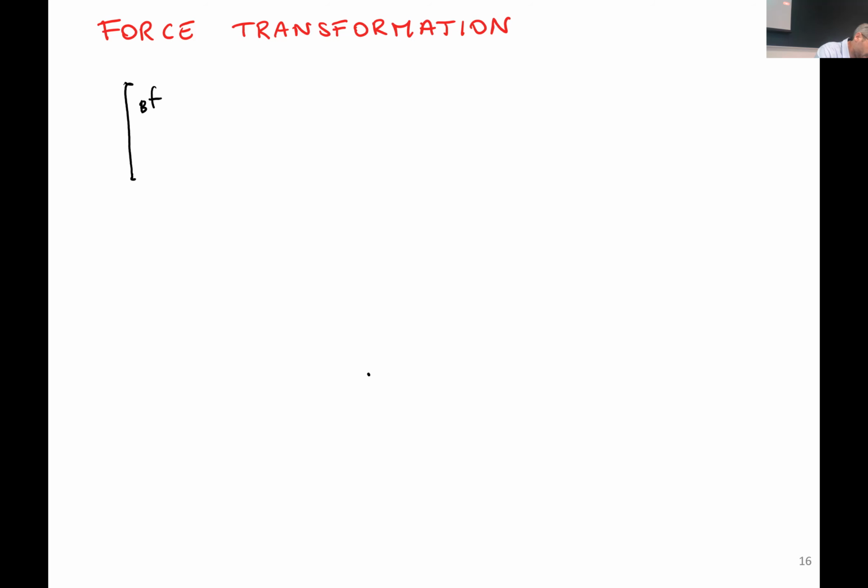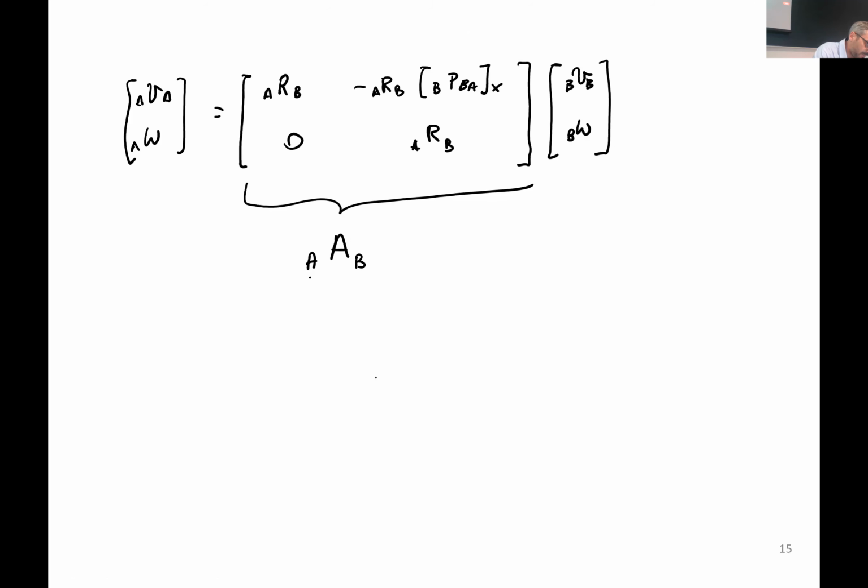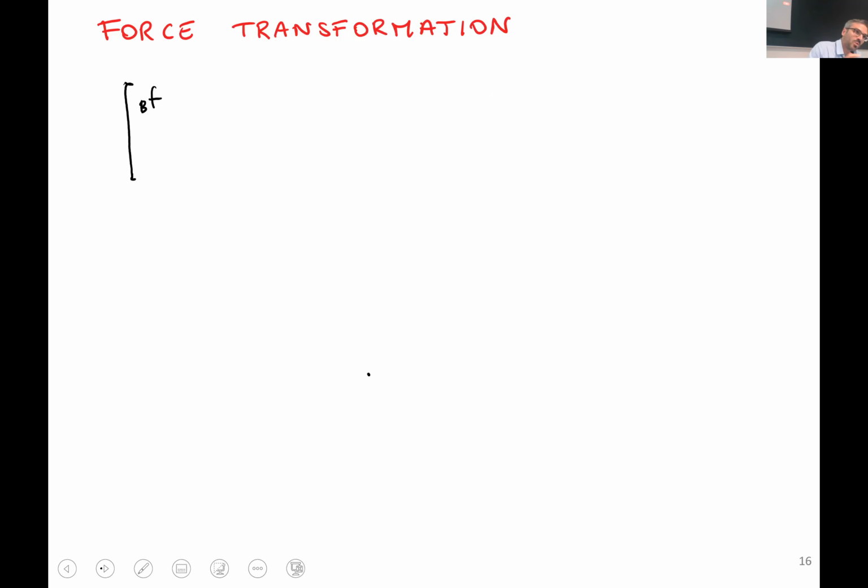So you remember this mapping is from frame A to frame B, and the transpose one will be from frame B to frame A, because as we did for Cartesian forces, Jacobian maps joints into Cartesian quantity, Jacobian transpose Cartesian quantity into joint, and here it's the same.